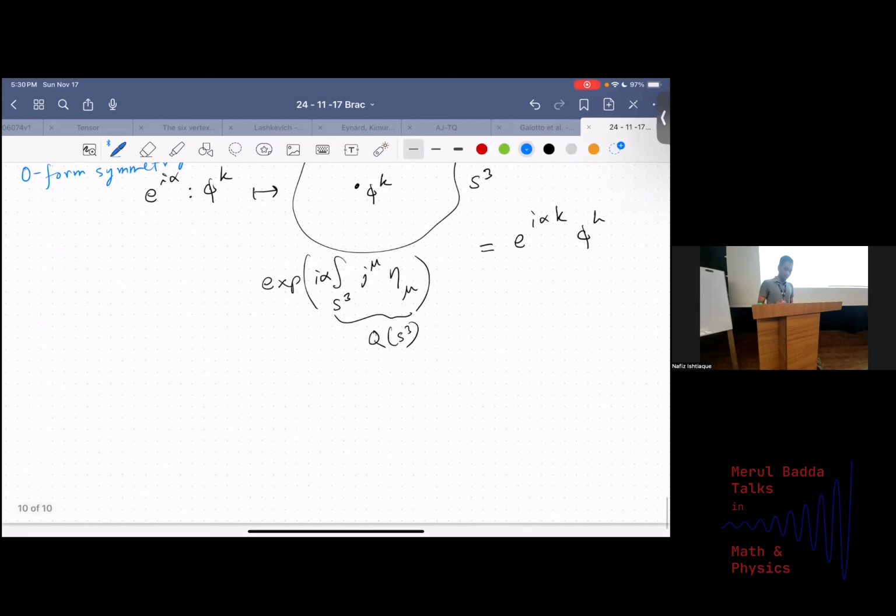And the claim that I'm going to make is that the existence of a zero-form symmetry implies the existence of topological operators of codimension 1.